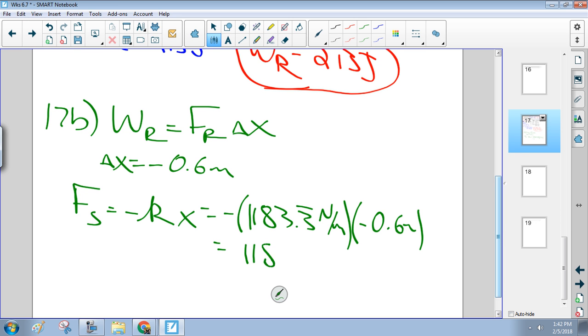When you multiply this out, it gives you 710 newtons. What that represents is that when Roy is stretching it, the spring is pulling his hand forward with 710 newtons. So how much force is he exerting backwards? 710 newtons, right?